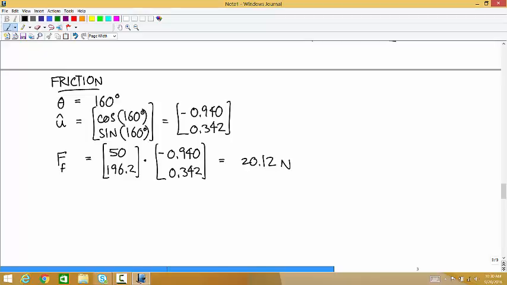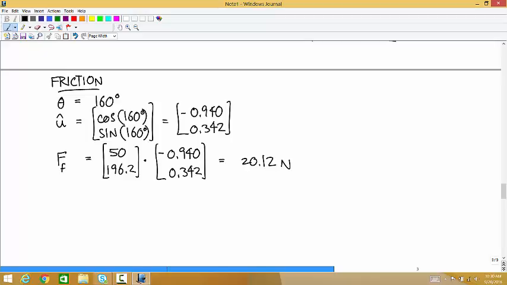No, just, if it asks for the normal force and the friction force, we don't care about plus and minus on that. So just report the positive value, that's all I mean. But the way to calculate it is take the dot product of that unit vector with the force. That's a way you can always calculate a projection of one vector onto a direction. Dot product of a unit vector with the original vector.